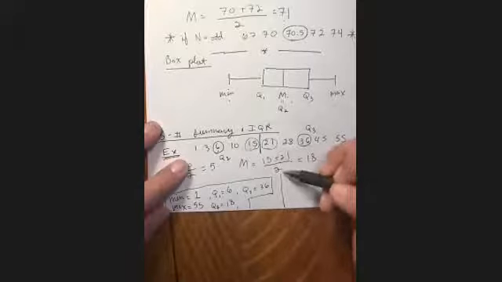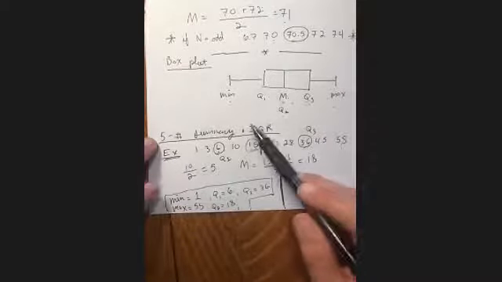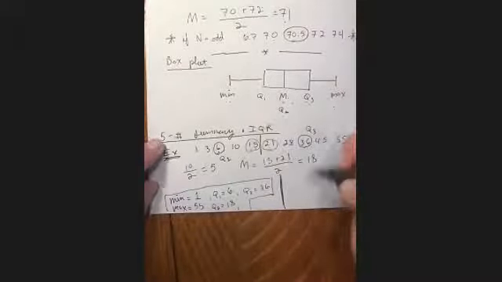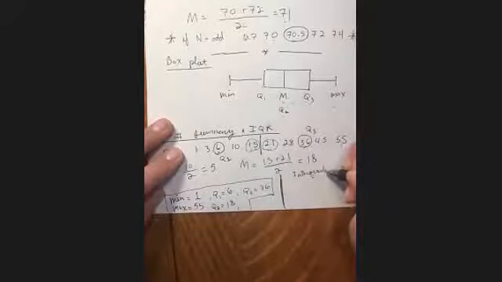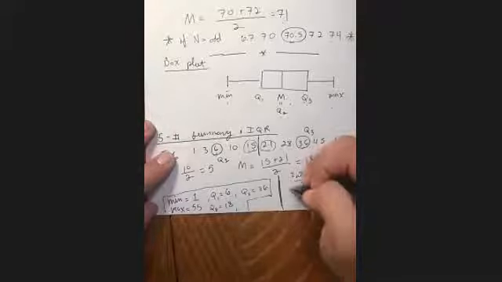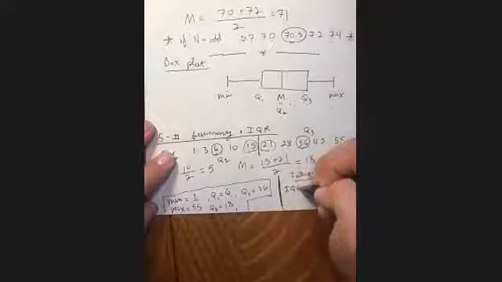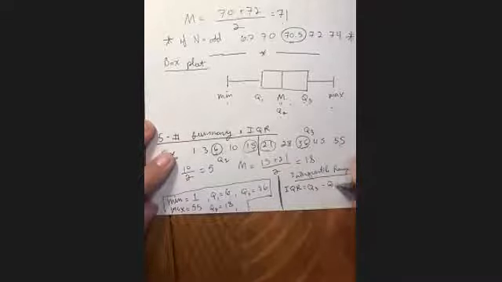Now there's one last calculation that can be useful in this context, and that's called the IQR, or the interquartile range. Something else you might see in a future class. So the interquartile range is simple to calculate. The IQR is the third quartile minus the first quartile.